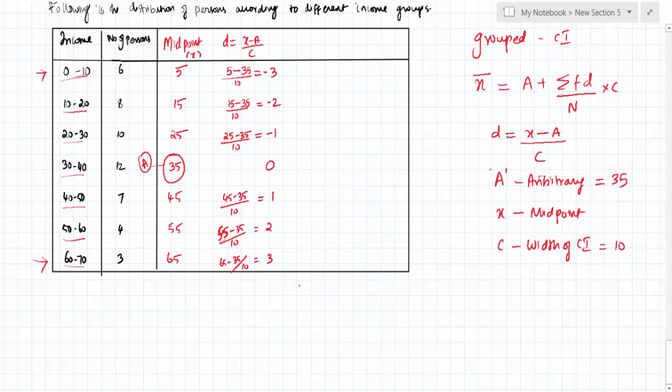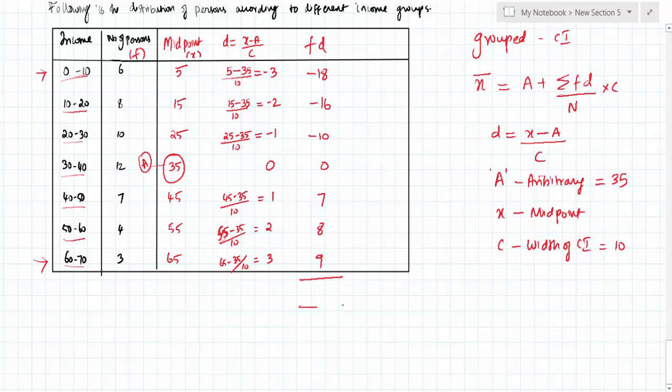Then what you have to find is FD, that is, frequency multiplied with D, and the number of persons is nothing but frequency. So 6 into minus 3 is minus 18, 8 into minus 2 is minus 16, 10 into minus 1 is minus 10, 12 into 0 is 0, 7 into 1 is 7, 4 into 2 is 8, and 3 into 3 is 9. Now going by the formula, we have to find the summation of FD.